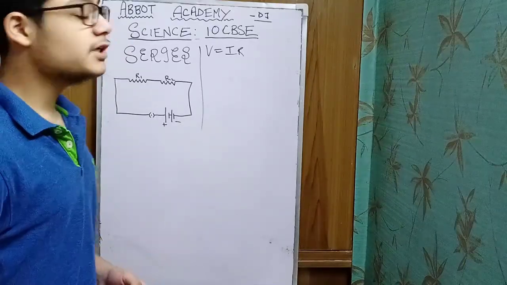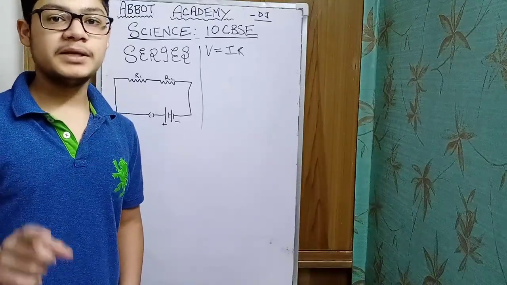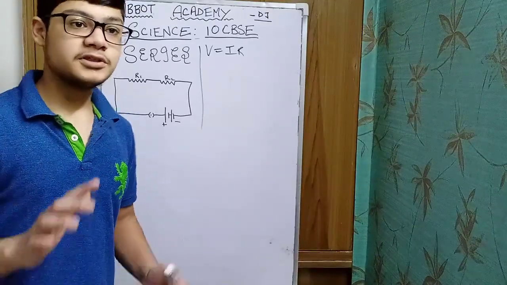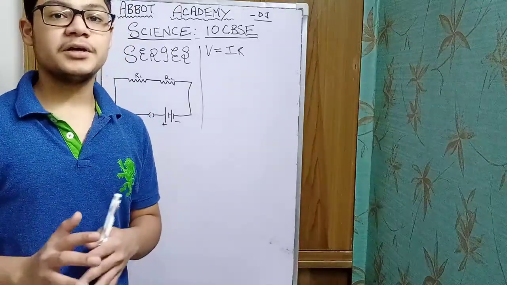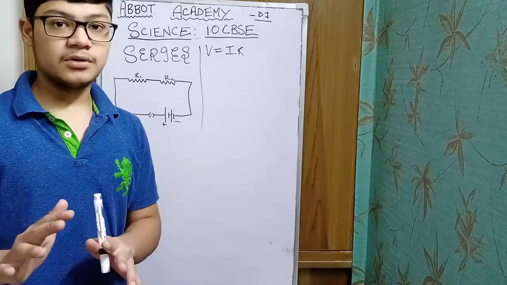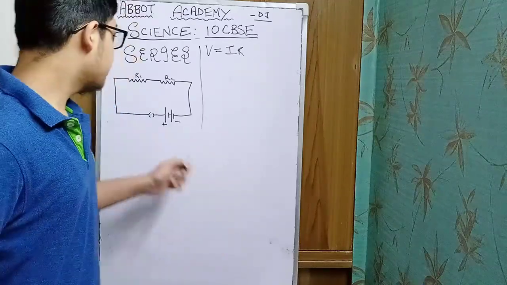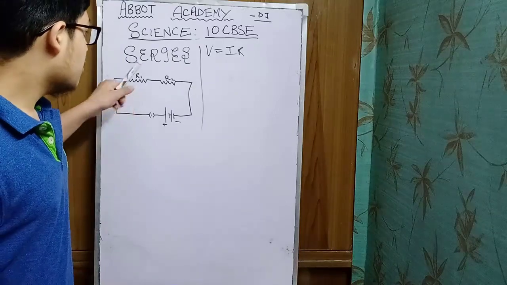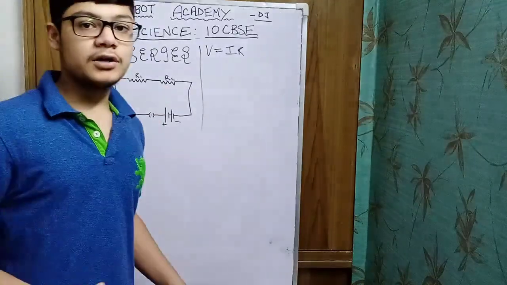But first and foremost, a very important detail that you should always remember. Please note it down somewhere because it's extremely important. In series arrangement the current remains the same. So the current which flows through R1 would be the same as the current which flows through R2.